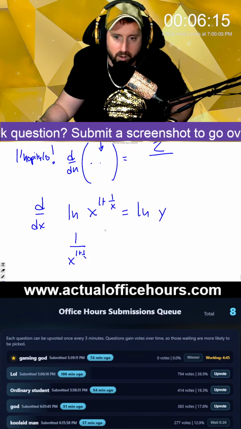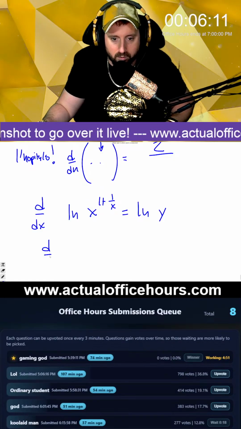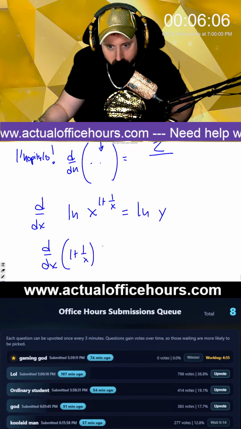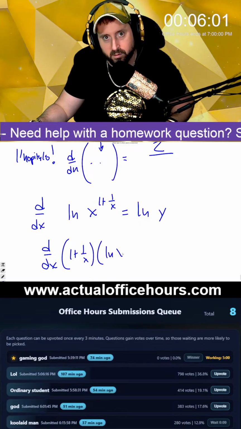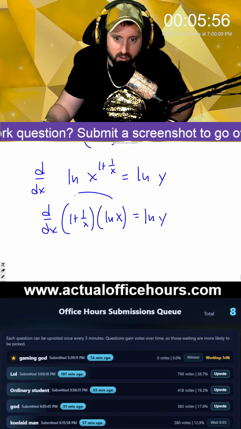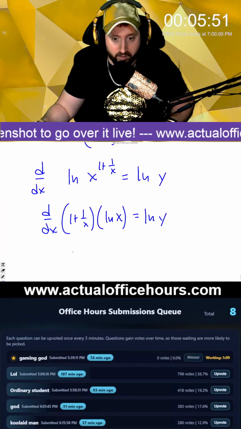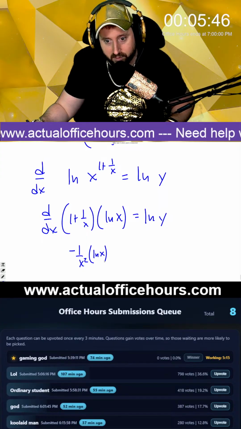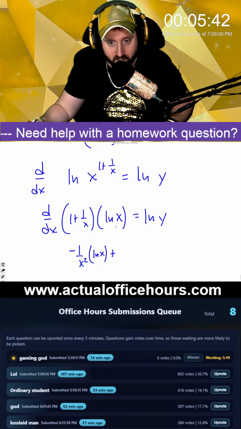Okay. All right, so then this derivative is 1 over x to the 1 plus 1 over x. Oh, wait, no. Sorry, I'm being really dumb. Let me pull this down first. Okay, so this is d/dx of 1 plus 1 over x, times ln of x, is equal to the ln of y. This is a product rule. Derivative of this is negative 1 over x squared times ln of x, and then plus the derivative of this, 1 over x, times this.